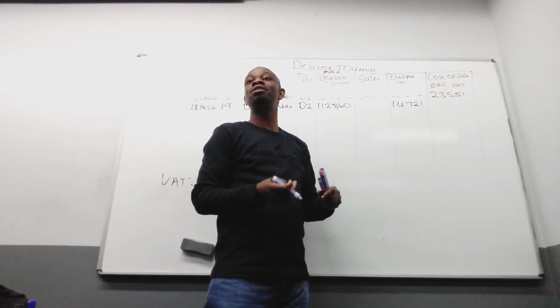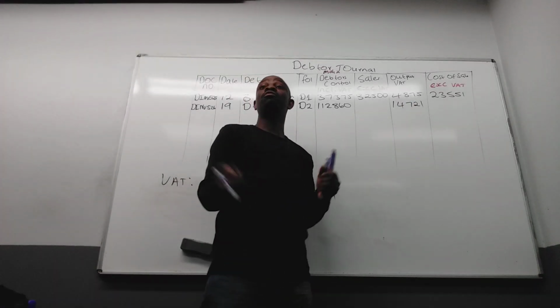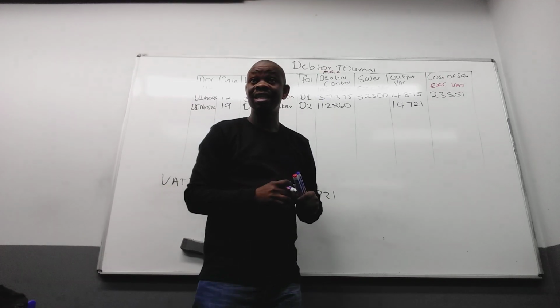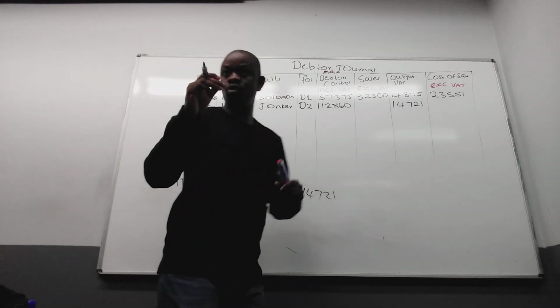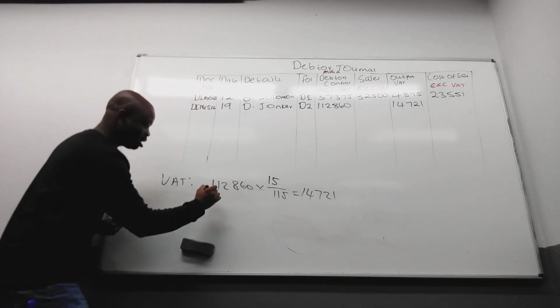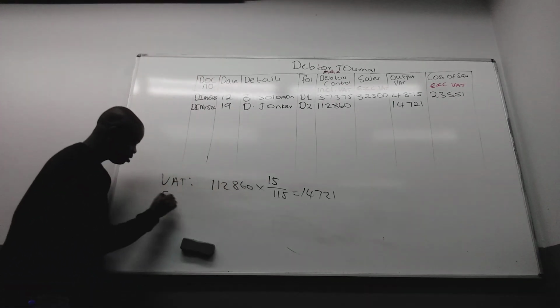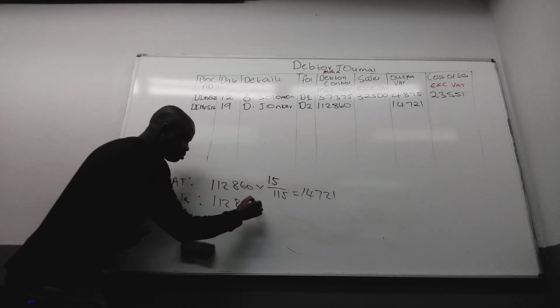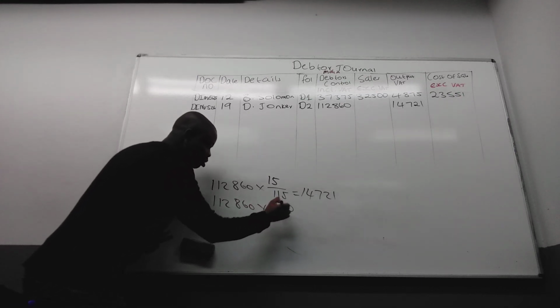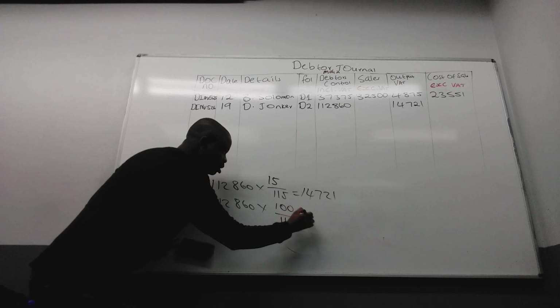Or if you want to use Sylvester's way of doing things, remember, Sylvester's way is the impressive way of dealing with things. For the sales, we can say 112,860 times 100 over 115.